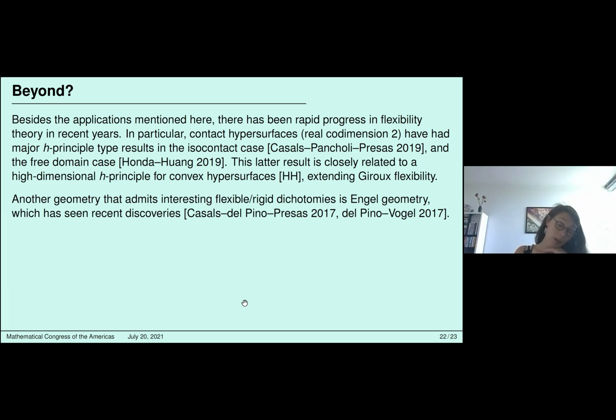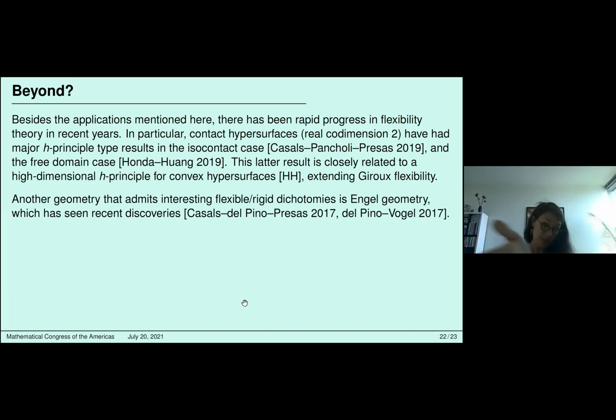Something else that's seen a lot of rapid progress is Legendrian geometry. This is particularly interesting because you see these same rigid and flexible dichotomies, where some things are rigid and some things are flexible, these overtwistedness or looseness type dichotomies.